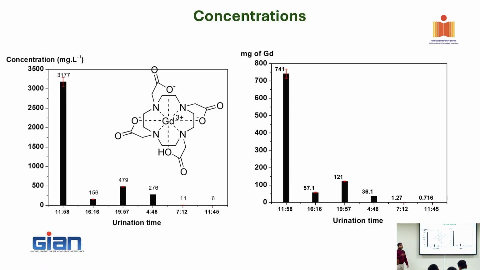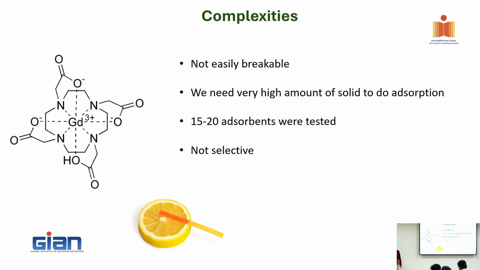Once we knew how much is present in the urine, next we faced many complexities. Urine is very complex, with many complex materials, and the first step is that we need to break this complex, because it has a very high atomic mass, like 700 or 800.